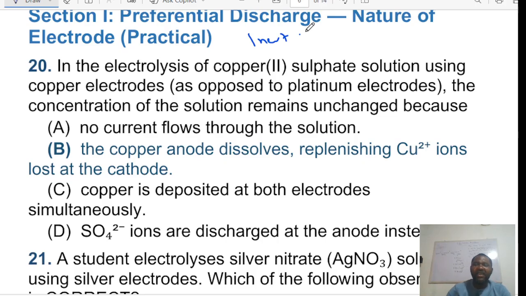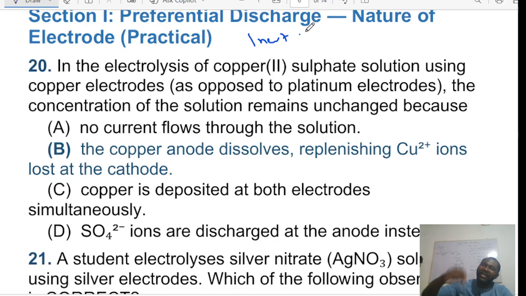Because sodium is very attracted to mercury, sodium is discharged instead of hydrogen. Normally it's supposed to be hydrogen, but in this case sodium will be discharged because it is attracted to mercury. So when the cathode is mercury, sodium will definitely be discharged. I hope this makes sense.